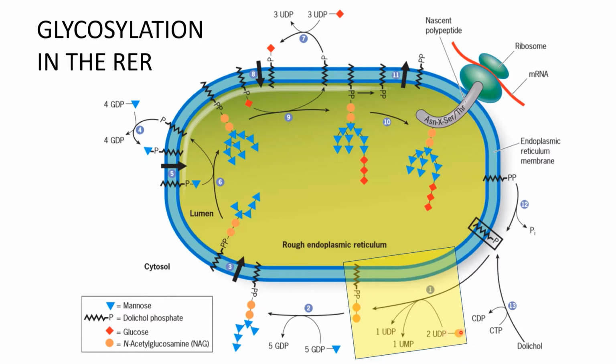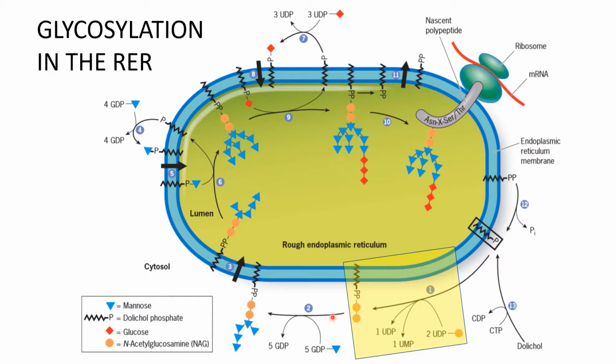So uracil diphosphate that's carrying N-acetyl glucosamine, two of those are gonna be reacting with the dolichol phosphate. The reaction is gonna cause the addition of those two N-acetyl glucosamine, or NAGs, onto your dolichol phosphate, and at the same time making it a diphosphate.